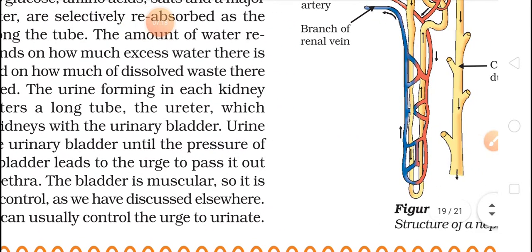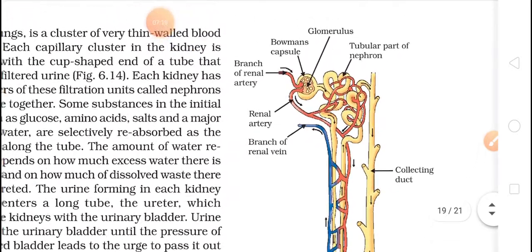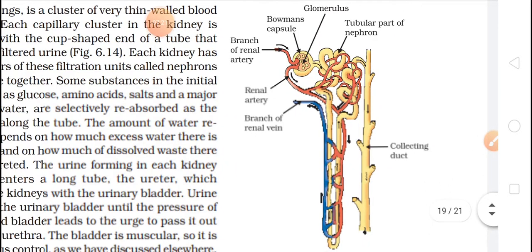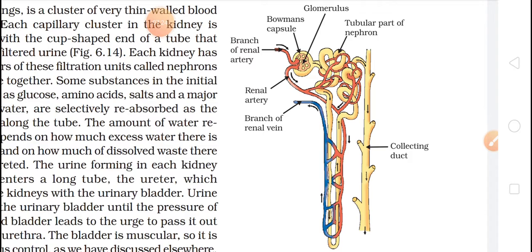Okay, now let's see the diagram which is given here. What is this? This is a nephron. That means the structural and functional unit of the kidney. We call it a nephron. So exactly how the nephron looks is given over here. Basically we can say that the nephron is divided into two main parts.